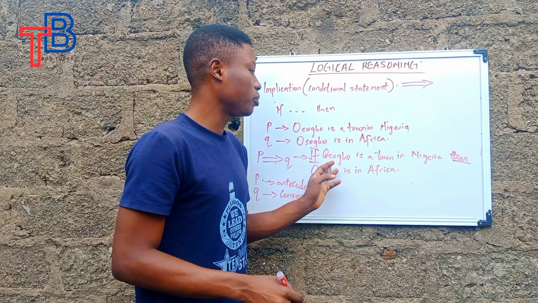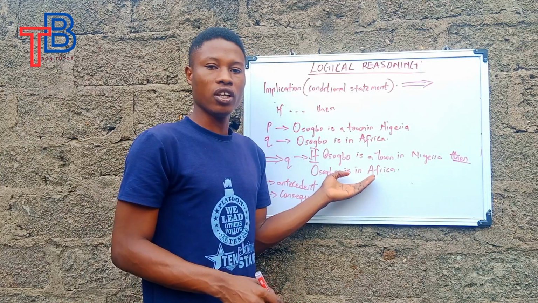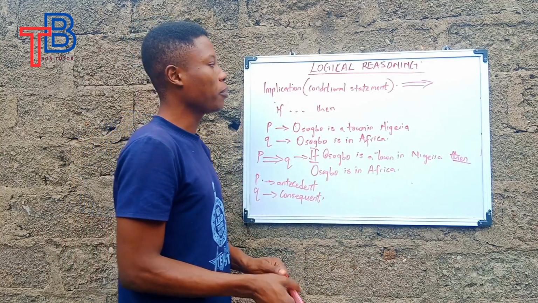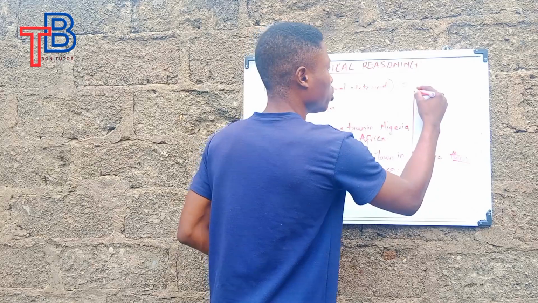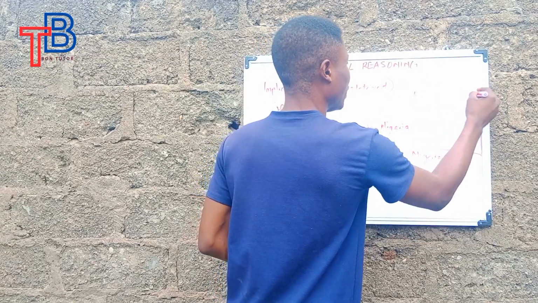You might be thinking, what if this statement is false? What will happen to the other statement under the conditional statement? So let me give you a truth table for these two statements, and you can see how they work hand in hand.